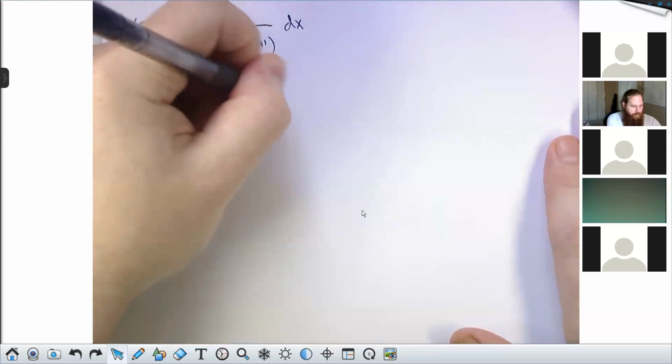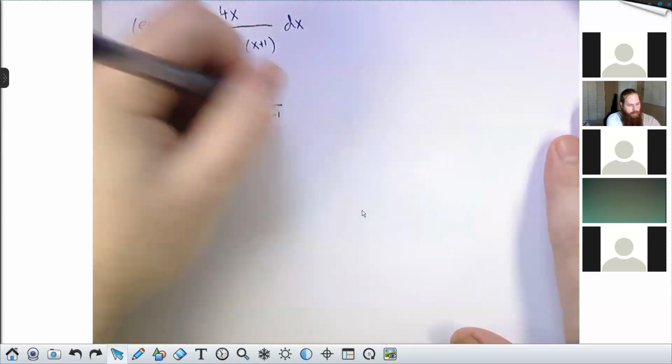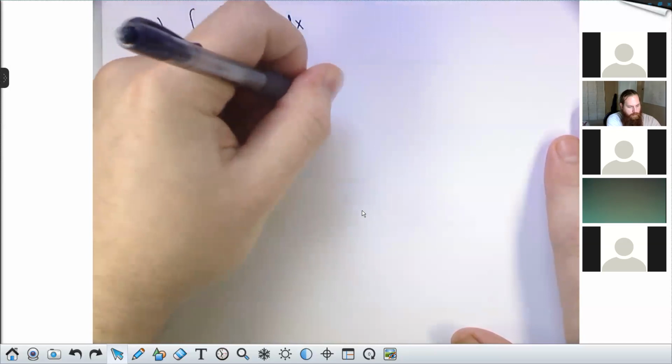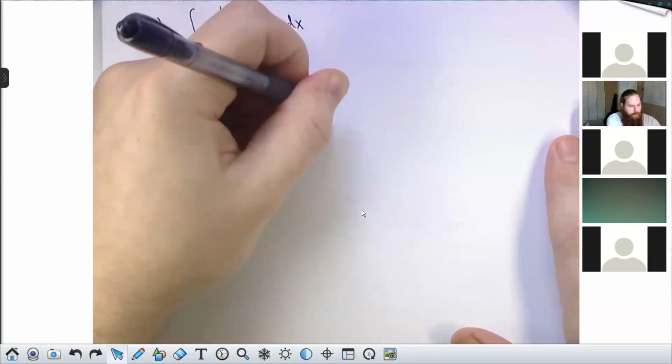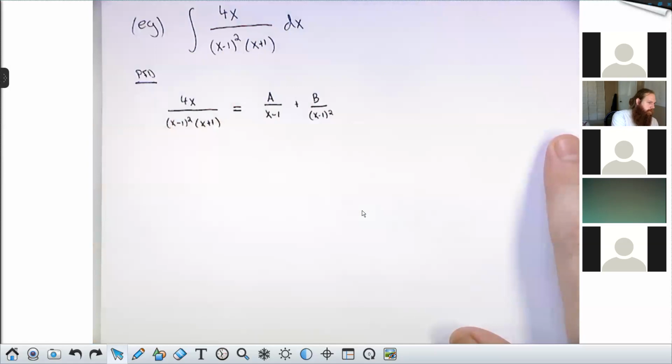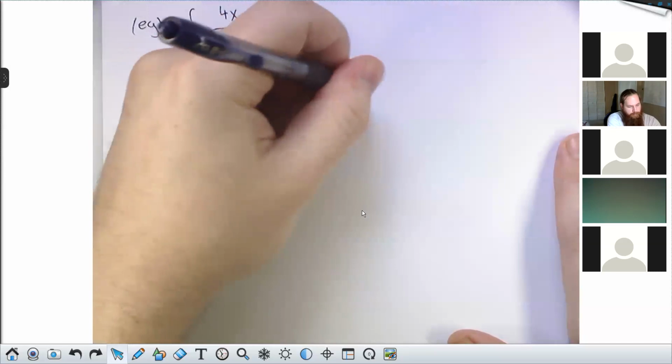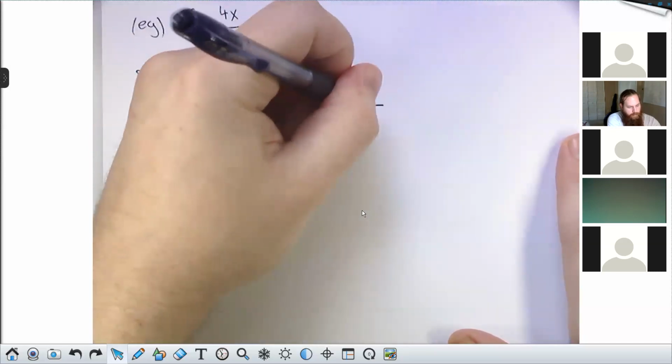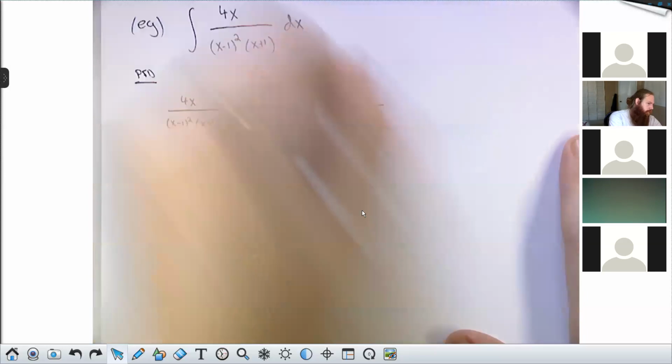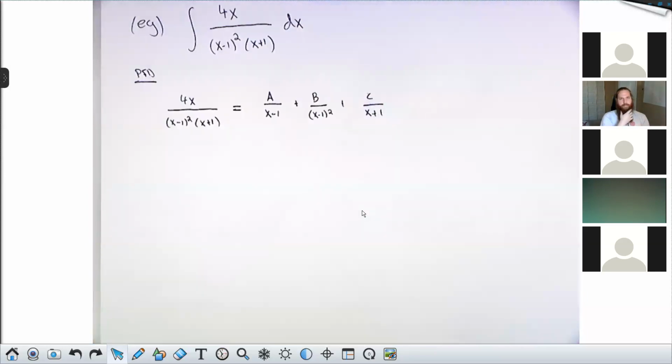So my setup looks like a over x minus 1 plus b over x minus 1 quantity squared plus c over x plus 1. Everybody comfy with this PFD setup? This gives me these 2 terms, and the x plus 1 gives me just that 3rd term.